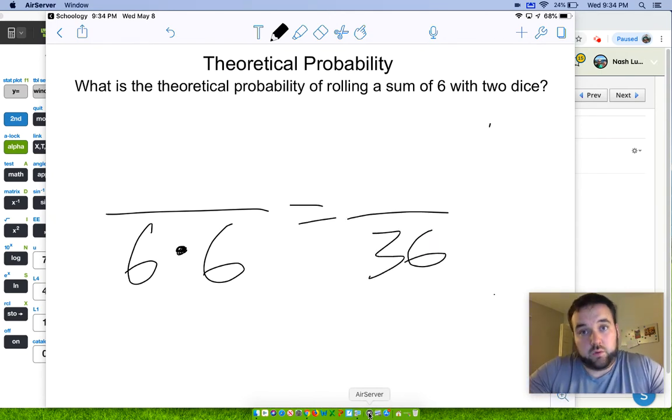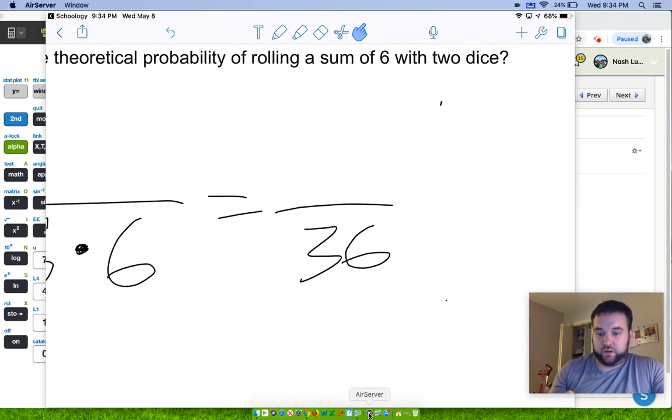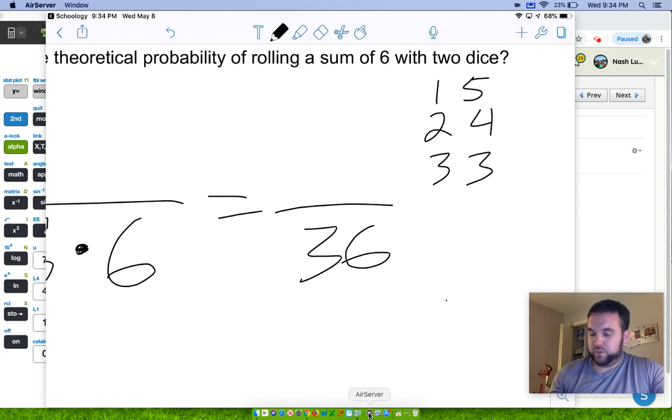Now we have to think, for our event space, or the numerator, how many different ways could I roll a 6? If I had listed all those out, we would have seen I could roll a 1 with a 5, a 2 and then a 4, a 3 then a 3, a 4 and then a 2, or a 5 then a 1.